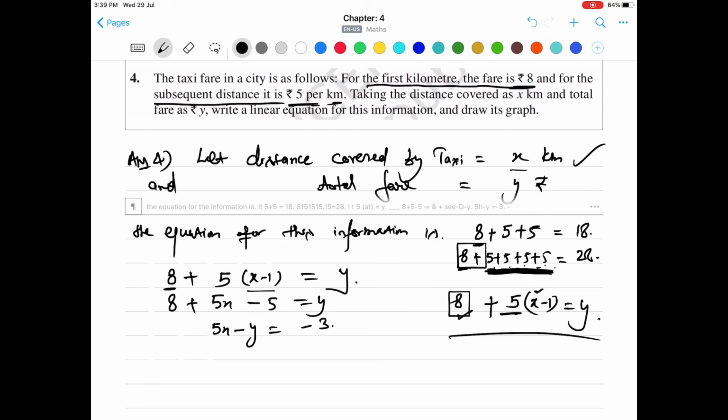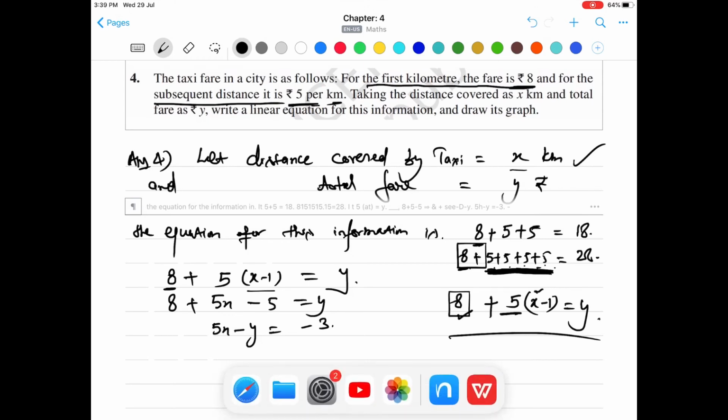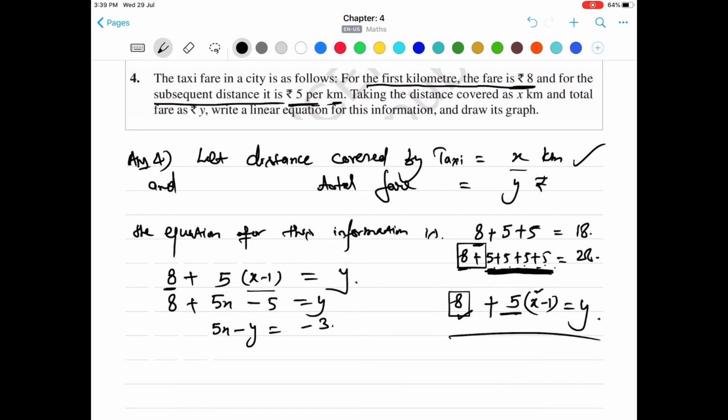We are given that in a city the taxi fare is, for the first kilometer they charge 8 rupees and for subsequent kilometers they charge 5 rupees per kilometer. Since the total distance covered is x kilometers, after taking out the first kilometer the remaining distance will be x minus 1 kilometer, for which he will pay at the rate of 5 rupees. So by solving this we'll get the equation like this.